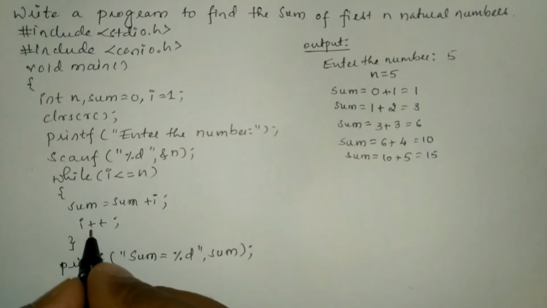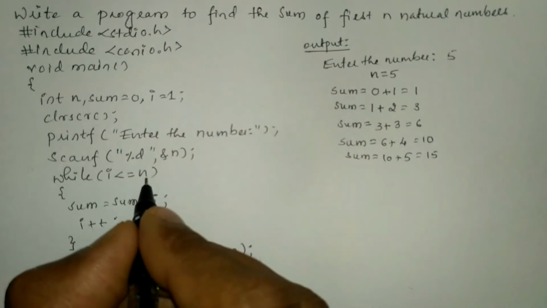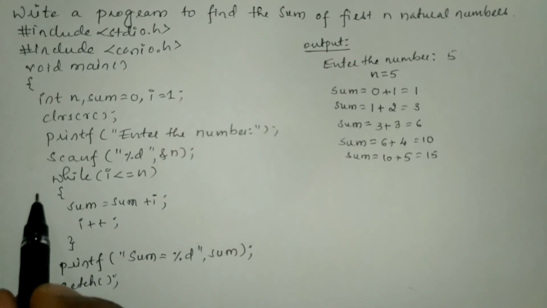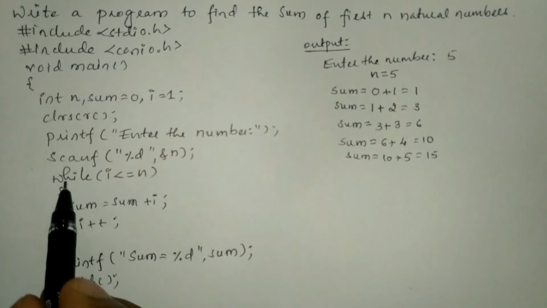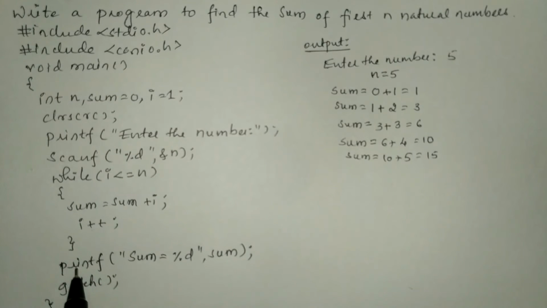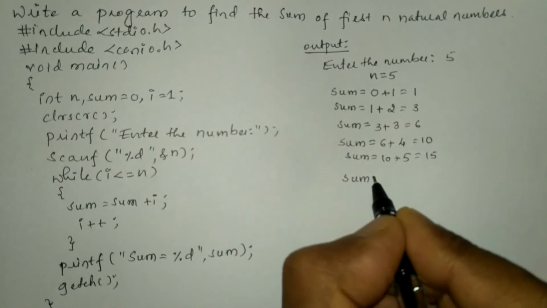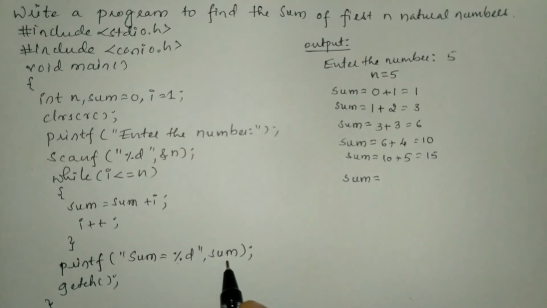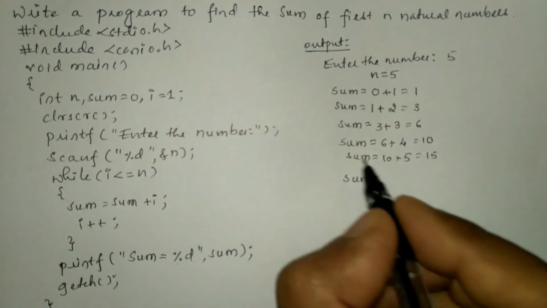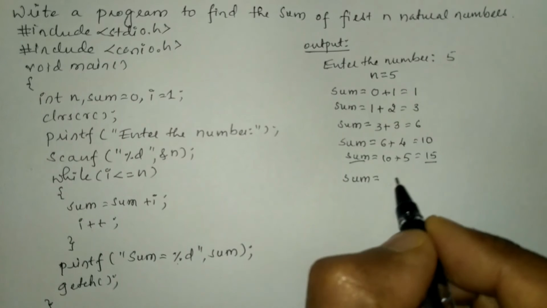Now i value will become 6. 6 is less than or equal to 5? No. Condition fails. Once the condition fails, the control comes out of this looping structure and it is going to print the next statement. So here "sum is equal to" will be printed as it is. Next, %d is associated with the variable sum. Here the variable sum is holding value 15.